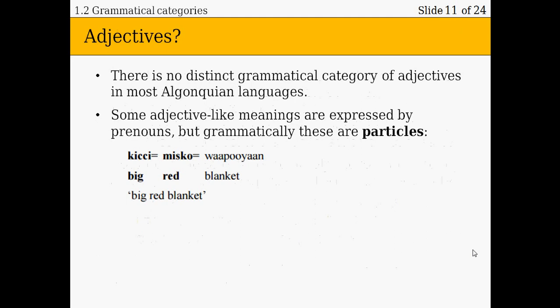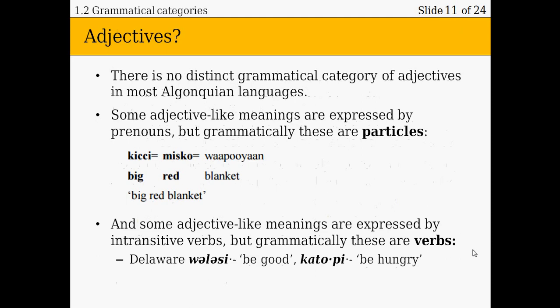So there's no reason to break these off as a special class of adjectives, because grammatical classes are not determined by meaning. Grammatical classes are determined by grammatical properties, and these words don't have any special grammatical properties that would make us put them into a class of their own. There are also adjective-like meanings that are expressed not by particles, but by verbs.